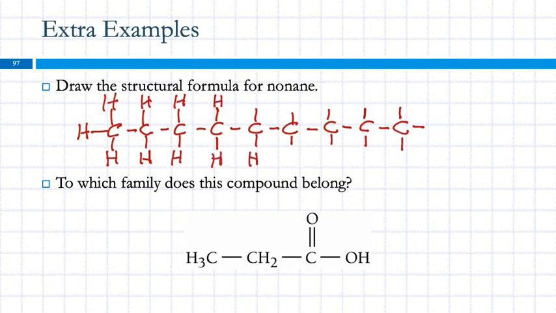And it gets really tedious. And that's why we came up with lots of different shortcut ways for drawing something like this. So you don't have to write out hydrogen a gazillion times. Because it's a hydrocarbon and they're always carbon and hydrogen.